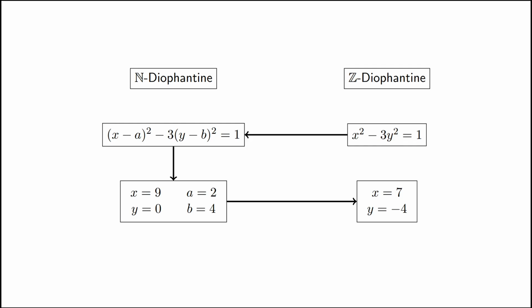In light of the equivalence of determining if Diophantine equations have natural number solutions and determining if they have integer solutions, I'm actually going to want to focus on natural number Diophantine equations for the rest of this video. The coefficients of the polynomials I'll still allow to be integers, but I'm just going to focus on the solutions being natural numbers.